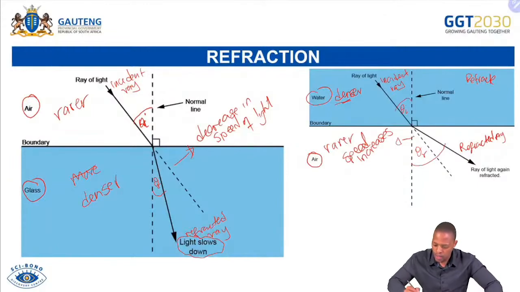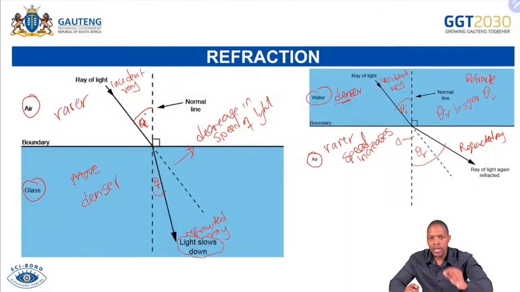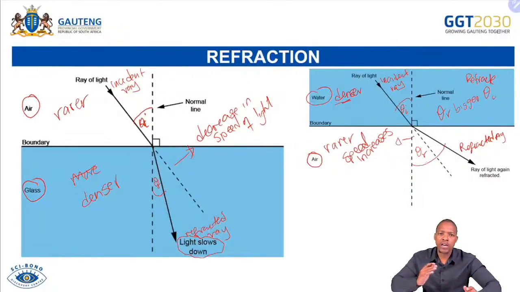Okay, it will create an angle theta r, which is bigger than theta i. So theta i here is always going to be smaller than theta r if the light is coming from an optically dense medium to an optically rarer medium. Okay, then the light ray will bend away from the normal.